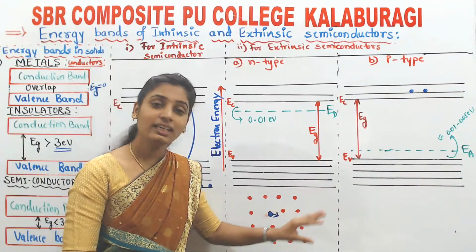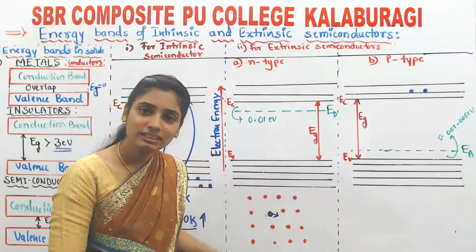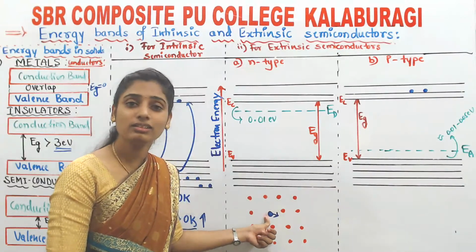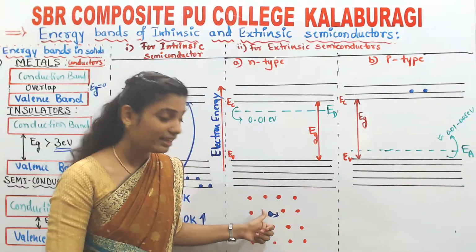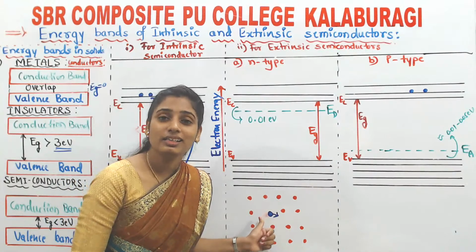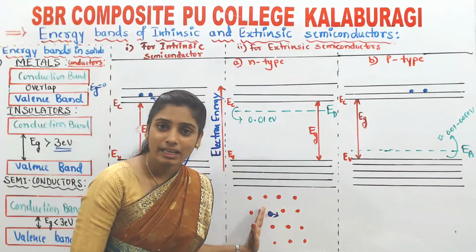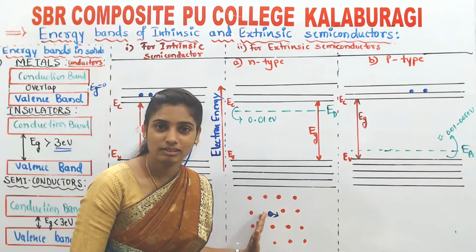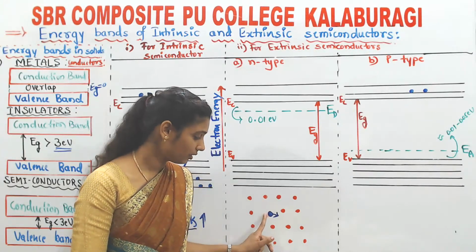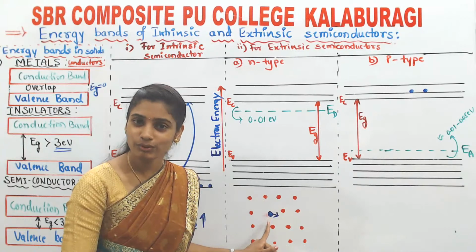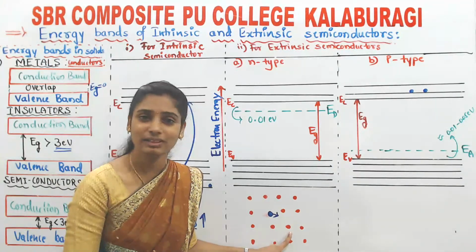If you are adding any extra impurity in the silicon crystal, what may happen? This extra impurity is going to change the energy bands in this silicon crystal. Why? Because see here, it is having a different number of valence electrons as compared to the silicon atoms.